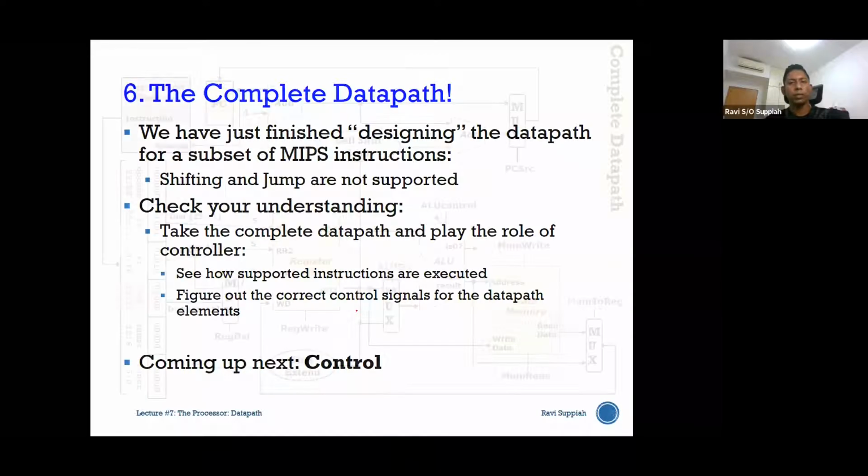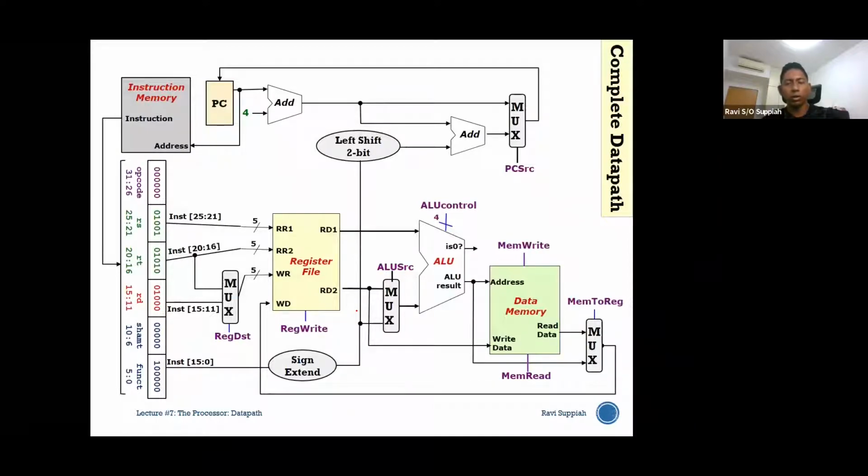Obviously we are not covering all the instructions, because then your processor will just grow and grow. What we are going to cover is only up to this portion in terms of the processor architecture design. If you look at this whole picture, you can trace through the entire sequence of the multiplexer, the register file, the ALU, and so on, for an add operation, an I-type instruction, or a branch instruction.